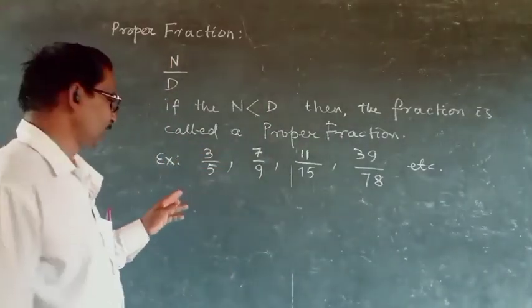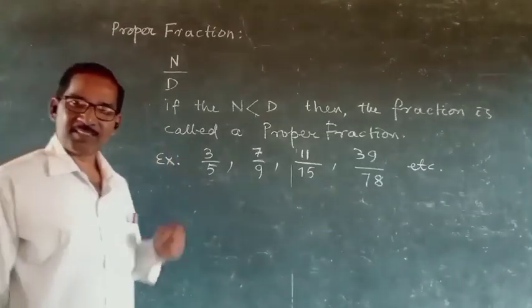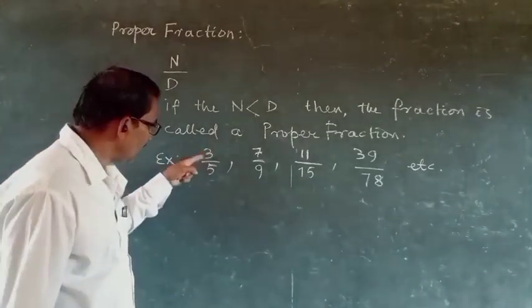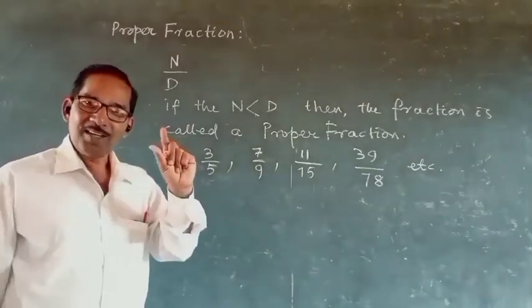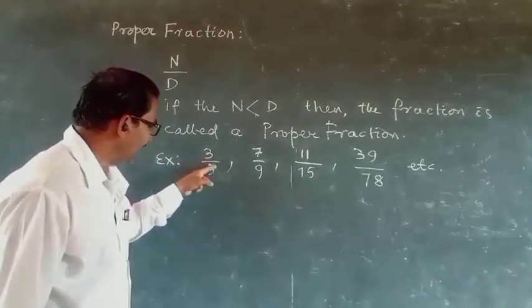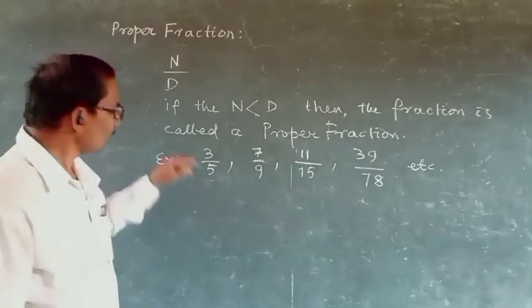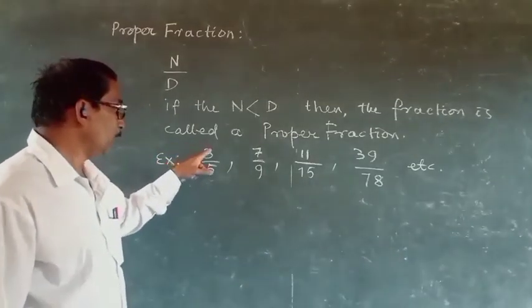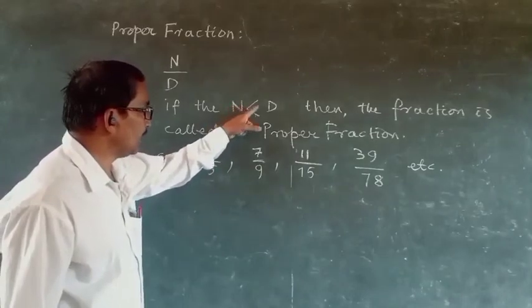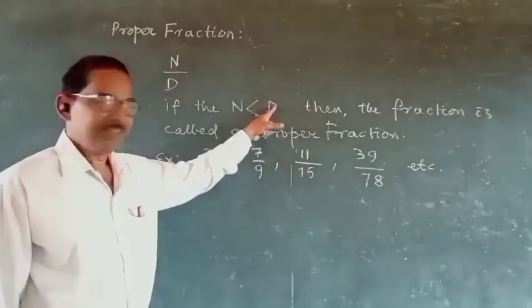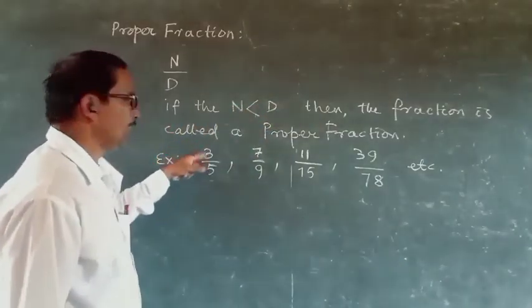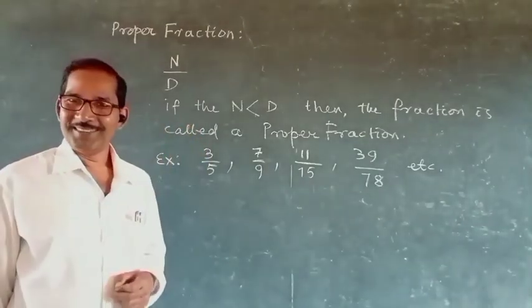You see, in each and every fraction, the numerator is a small number and the denominator is a big number. Okay? So if the numerator is always less than the denominator, the fraction will be a proper fraction.